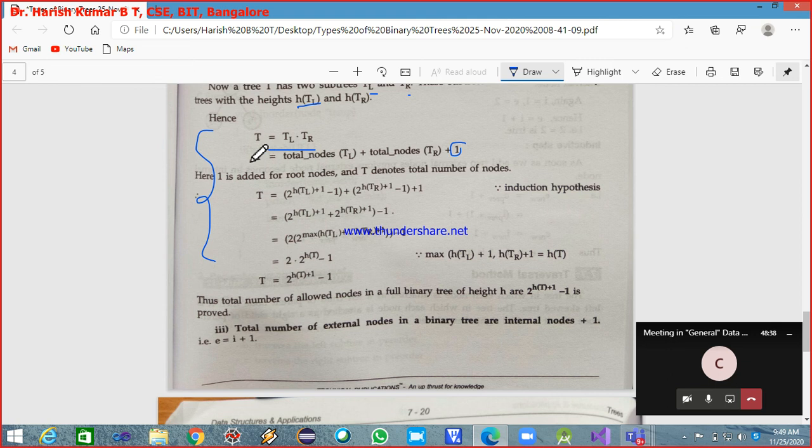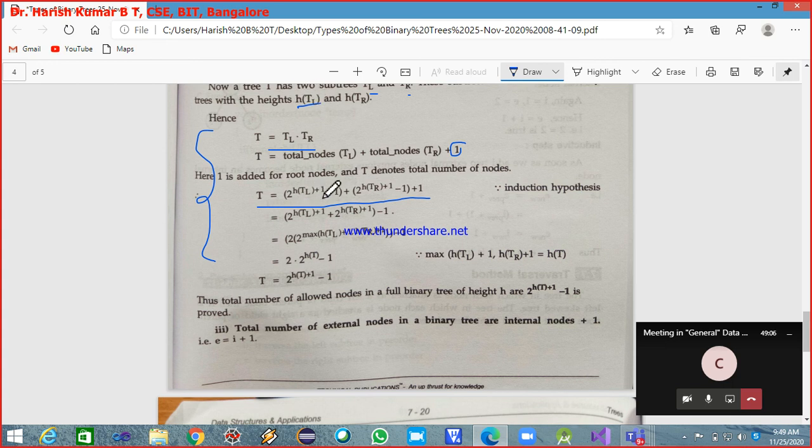Now this T I can write as the total number of nodes in the left subtree plus the total number of nodes in the right subtree plus 1. Now again this T is expanded here. How do you find the total number of nodes in the left subtree? You should know the height of the left subtree, which is represented as h of TL.